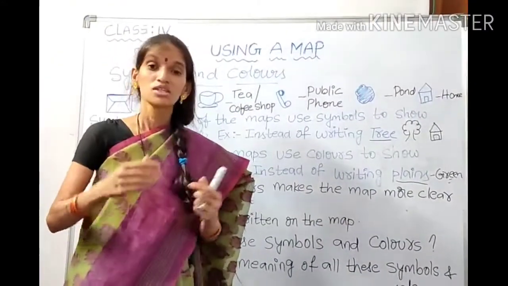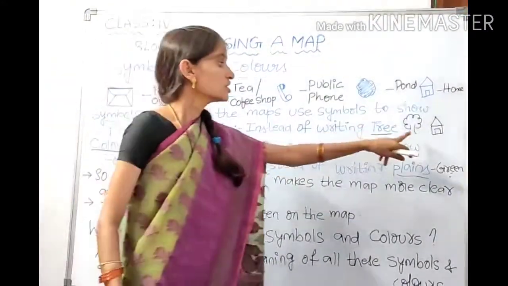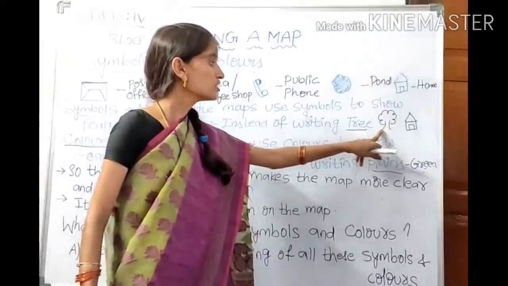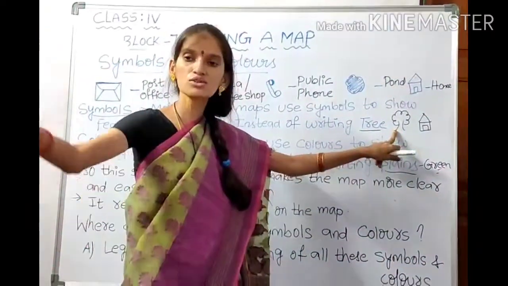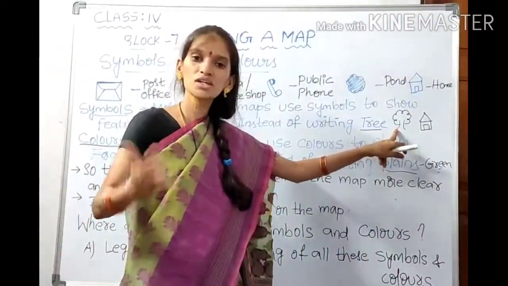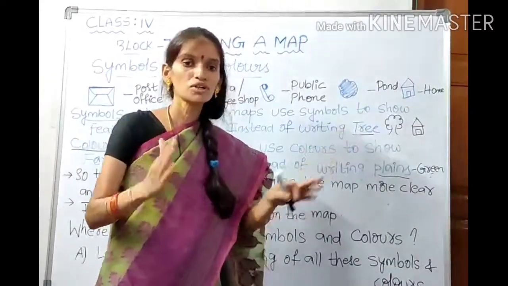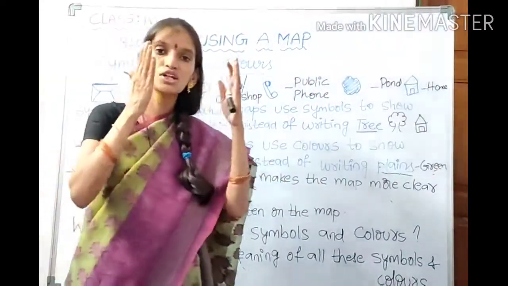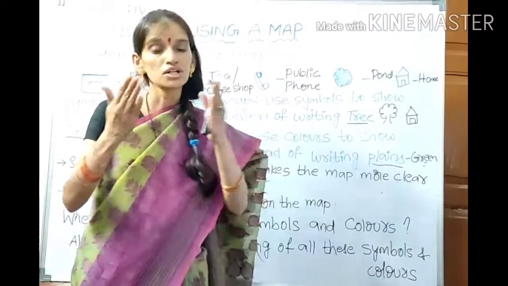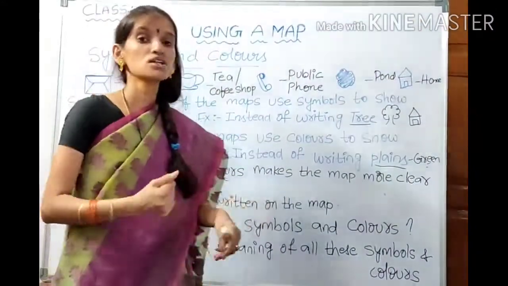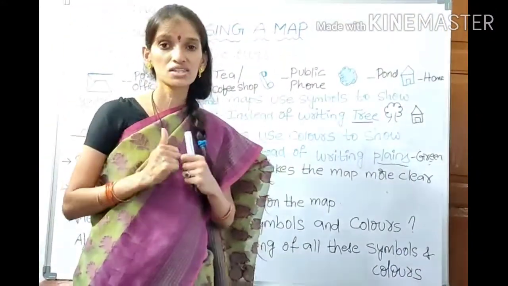Why? Because if I draw a tree with this symbol and another person draws it differently, it makes confusion. So instead of that, they have given particular symbols to particular places and it was universally accepted.